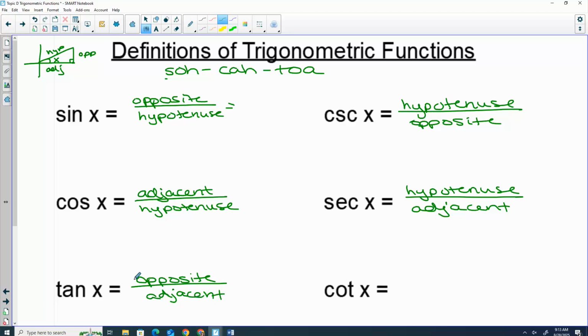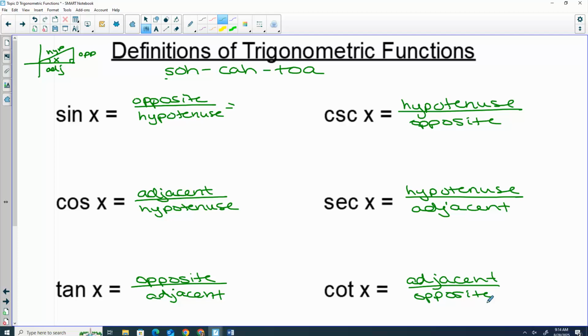Remember TOA, so T-O-A, opposite over adjacent. Cotangent flips it, adjacent over opposite. Those definitions, remember that a little bit.